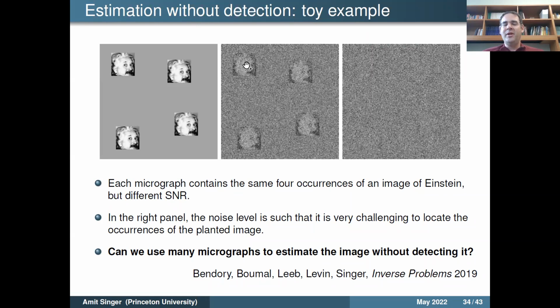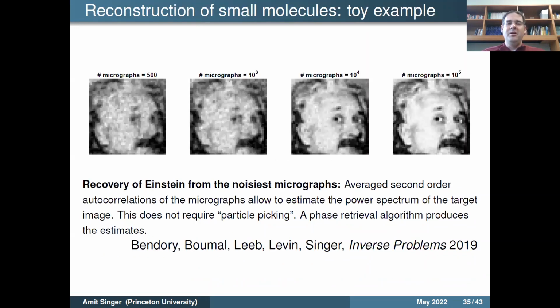Here I'm assuming some technical assumptions, that the images are sufficiently separated from one another, so there is no interaction between the instances of the image. Even that technical assumption can be relaxed. From those autocorrelations, you can then solve a phase retrieval problem and get a really nice reconstruction with an increasing number of micrographs. So this shows that you can estimate the image without doing detection.